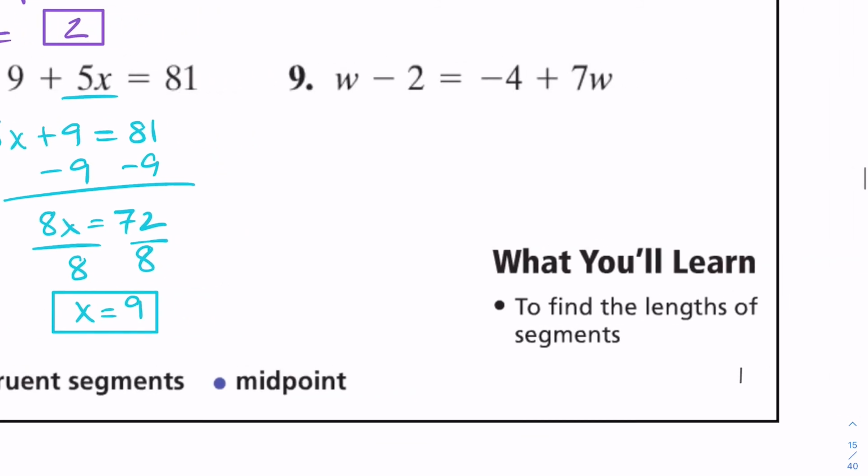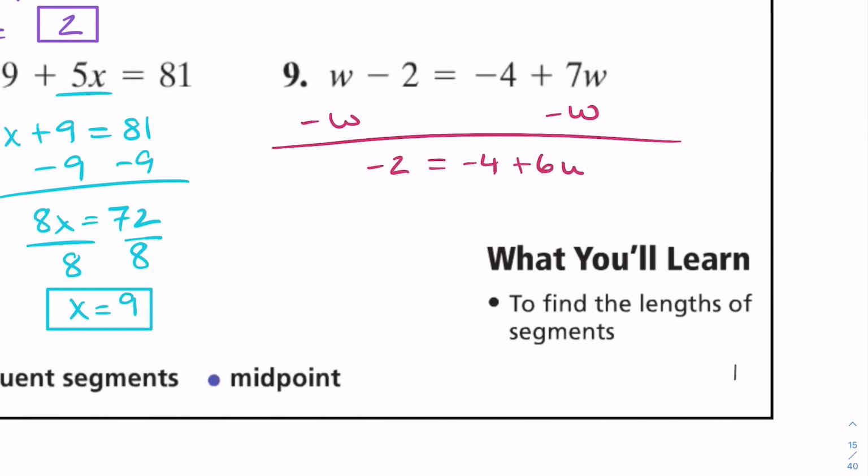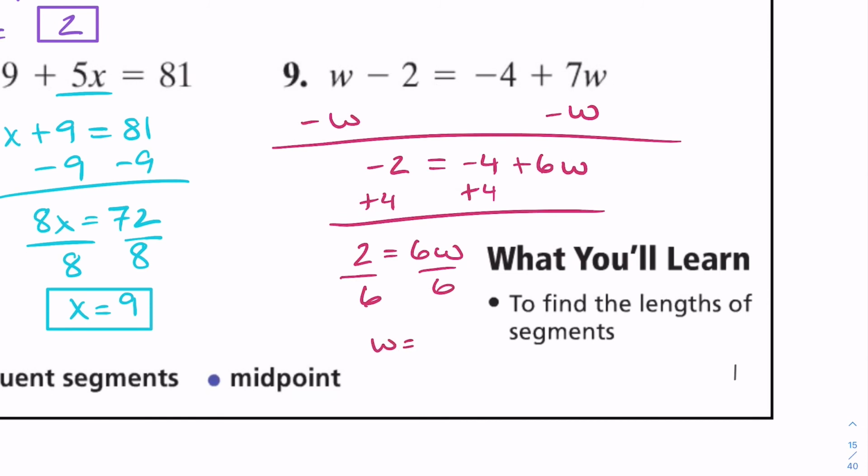And here it looks like my easiest solution will be to move w over. So I get negative 2 equals negative 4 plus 6w plus 4 plus 4. 2 equals 6w, divided by 6. w equals 2/6, which is actually 1/3.